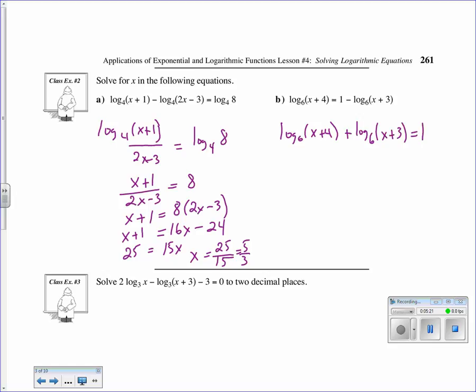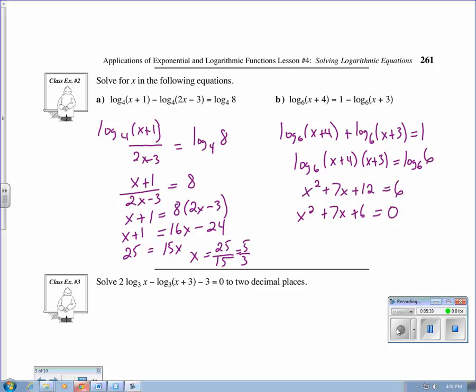So a single log, that's multiply: log base 6 of x plus 4 times x plus 3 equals log base 6 of 1. I can drop my logs and then proceed with the multiplication. So I actually needed a log statement on that right-hand side. 1 can be replaced by log base 6 of 6. Then I can drop the log statements.